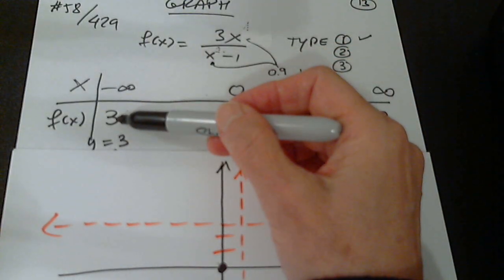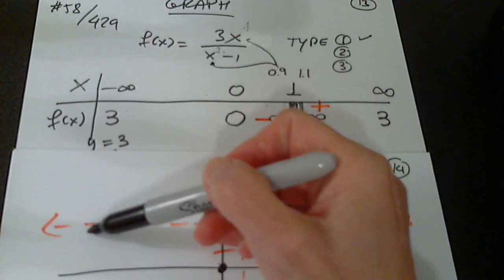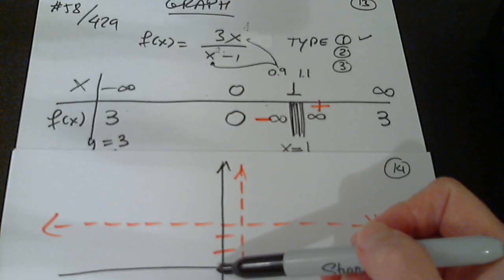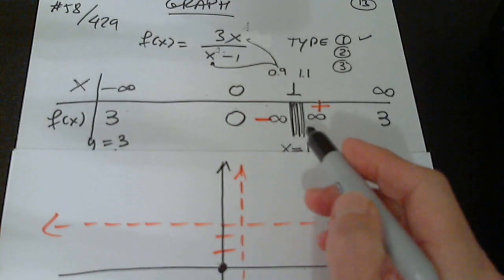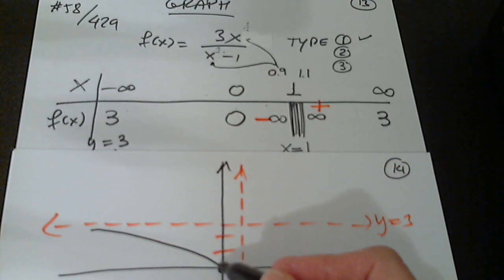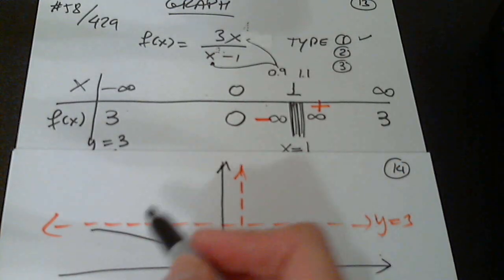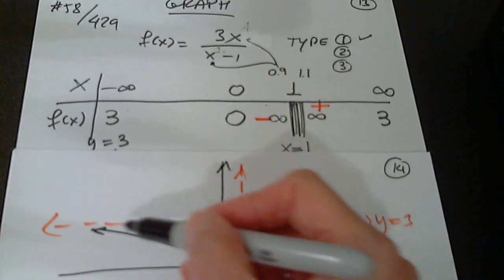From approaching 3 down to 0, down to negative infinity on the left-hand side of the asymptote. It should have been a little bit rounder.